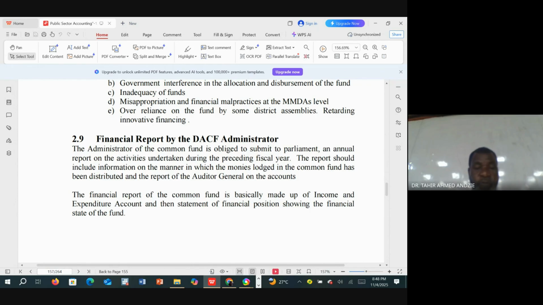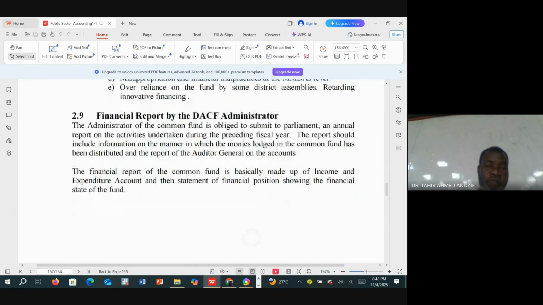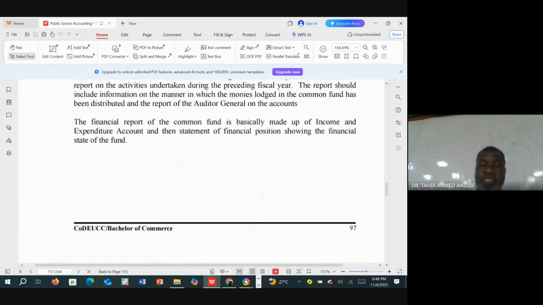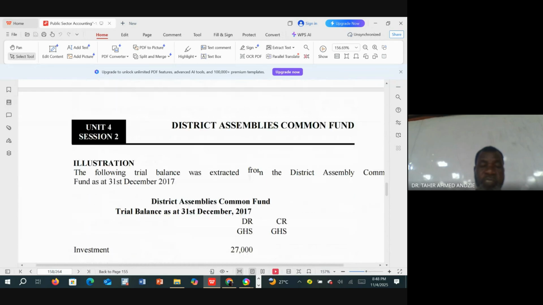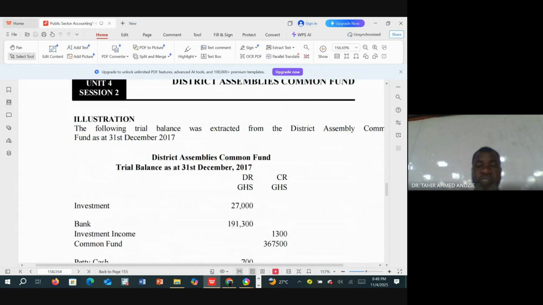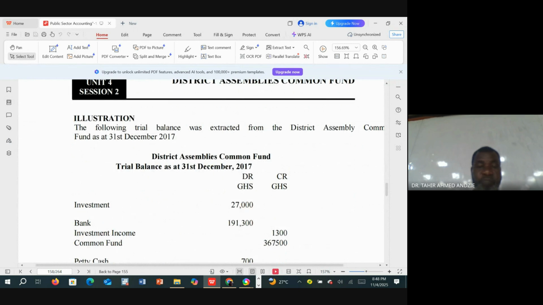The financial report of the common fund is basically made up of income and expenditure, and then a statement of financial position, showing the state of the fund. So basically, you have to just show income and expenditure, and then the position of the fund.